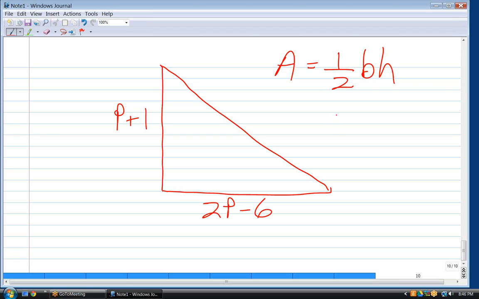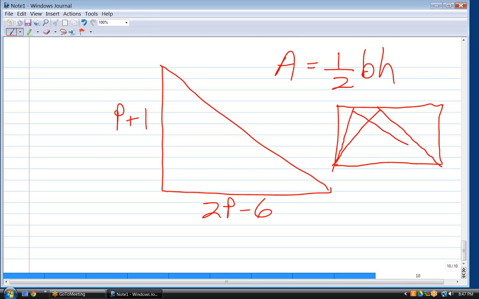If I draw any rectangle and I put a triangle in there, that's half, right? It doesn't even matter how I put the triangle in there. If I put the triangle in there like that, it's still half. If I put it in there like this, it's still half.